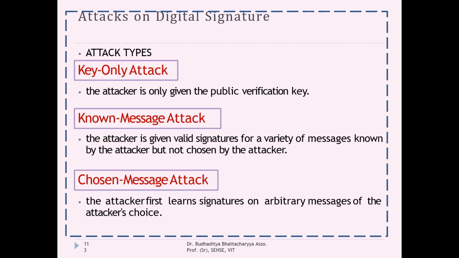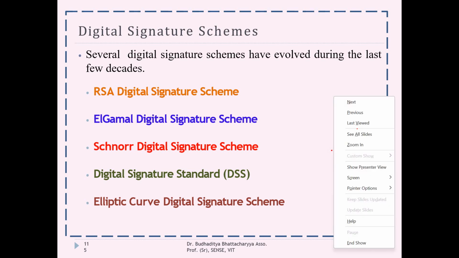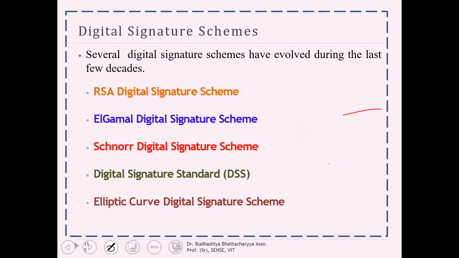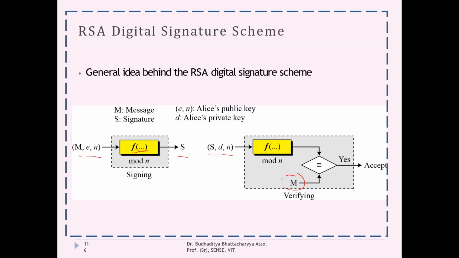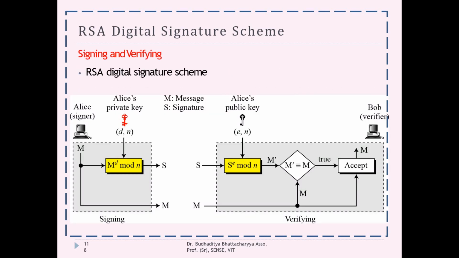Based on that, we found that there are a few schemes readily available, of which we had already discussed RSA and ElGamal. Let me show you the diagram itself. This was RSA, which is based on the same technique as before.